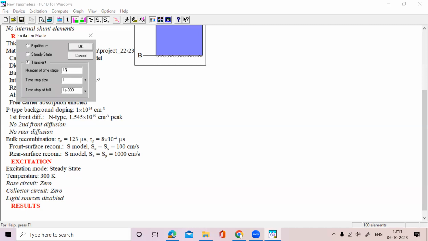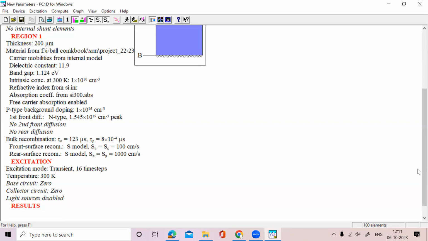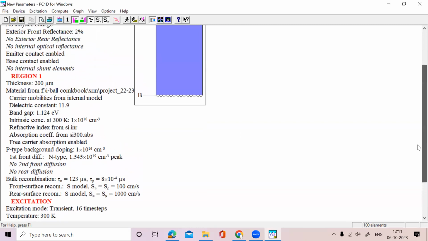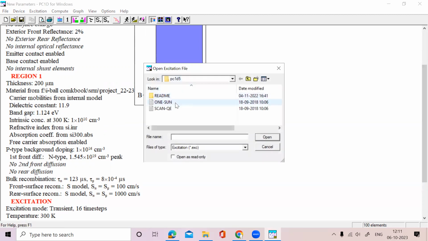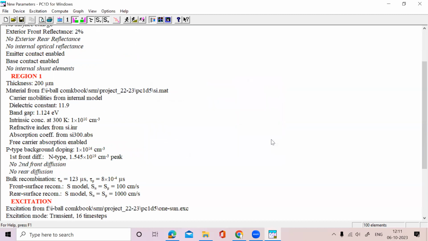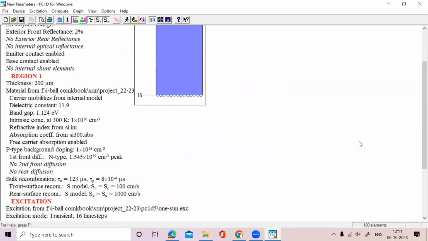I am giving transient 16. Now I have to go to the excitation file. One sun, and run it.